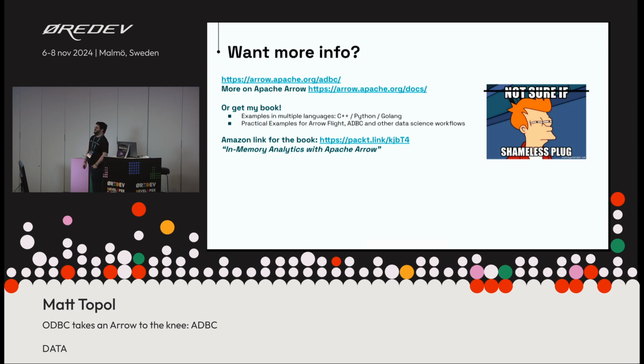Polars is entirely built on Arrow. Its entire internal memory format is Arrow. You can take the output from ADBC and just wrap it in Polars as a data frame, and it will just work because it's Arrow.